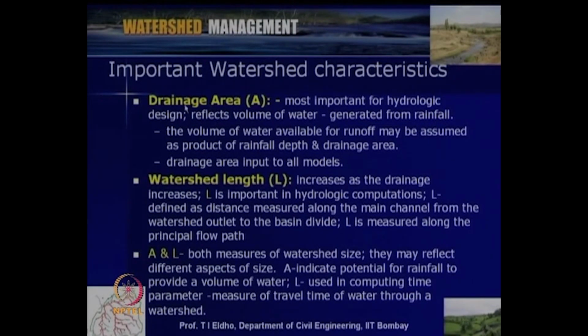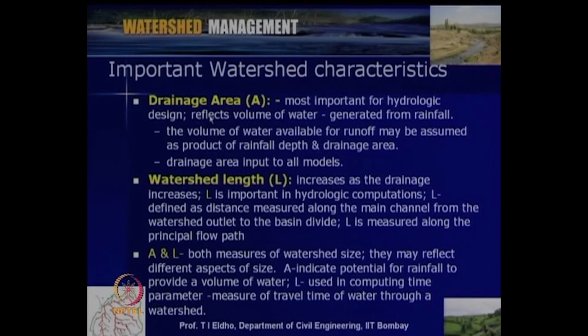The first one is the drainage area of the watershed. As far as a watershed is concerned, the total area of the watershed is the most important factor. The drainage area is the most important as far as hydrological design is concerned. Land is one of the resources, and with respect to water also we have to deal with how much is the area of the watershed, the so-called drainage area.